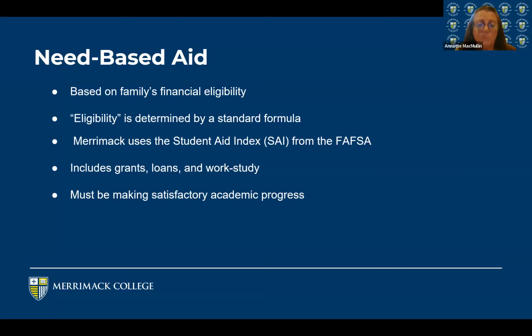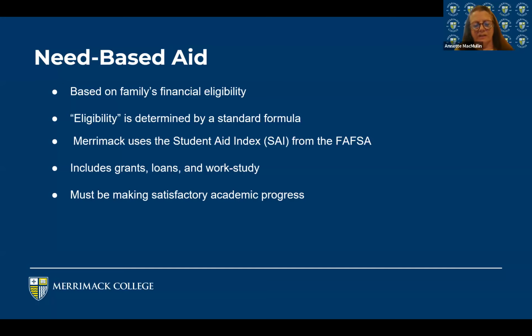You may lose your financial aid if you're not making academic progress. So academic progress at Merrimack means that after your first year, you have to attain a 1.6 grade point average or better, and your progress for your attempted credits and your earned credits, the combination of those things, you have had to attain 67% of your attempted credits that equal earned credits.